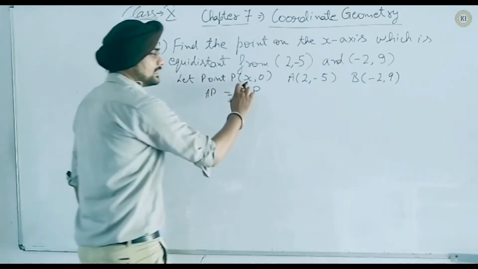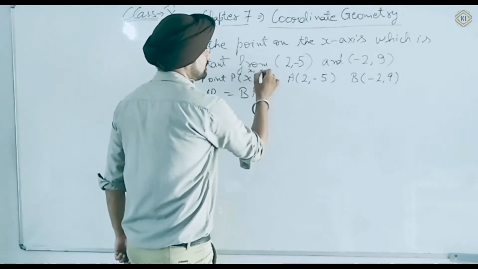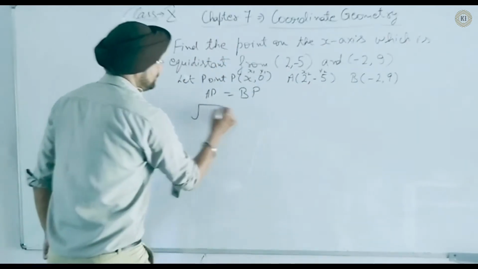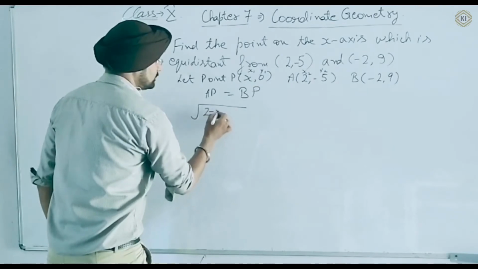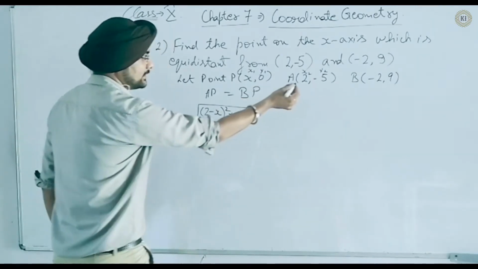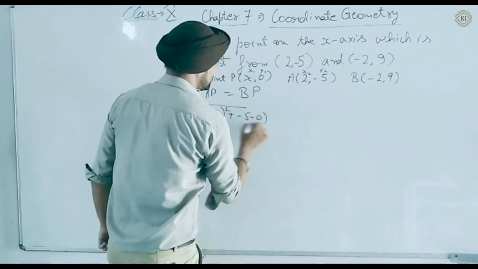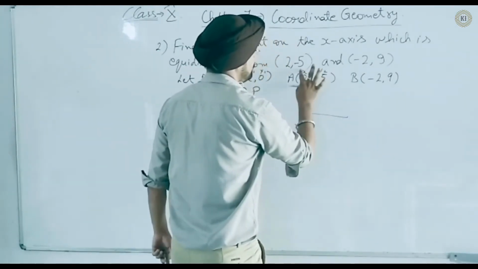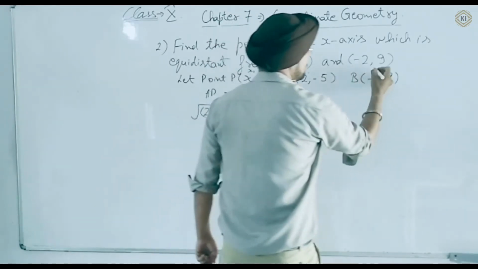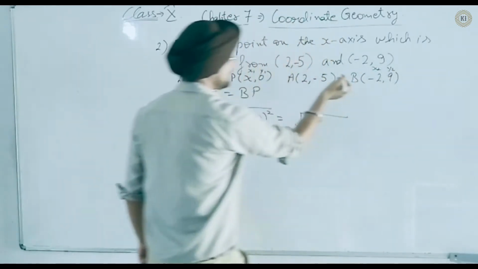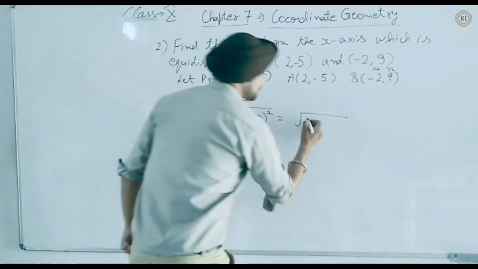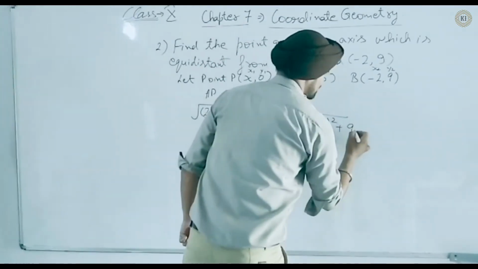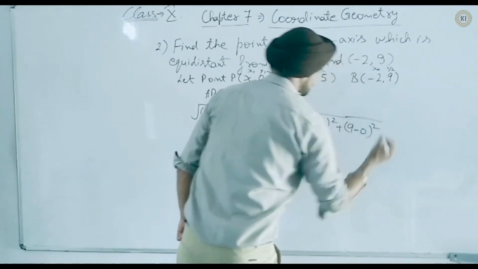Now if you apply the distance formula for AP, this is our x1, y1 and this is x2, y2. So when we apply the formula, it will come (2 minus x) whole square plus (-5 minus 0) whole square. For BP, this becomes our x2, y2. So (-2 minus x) whole square plus (9 minus 0) whole square.